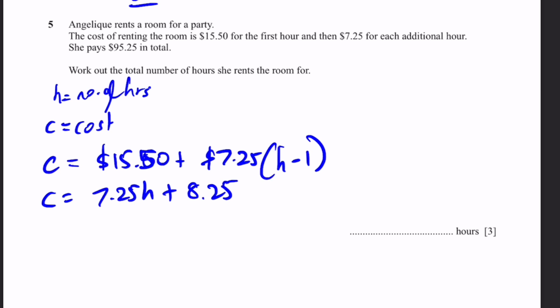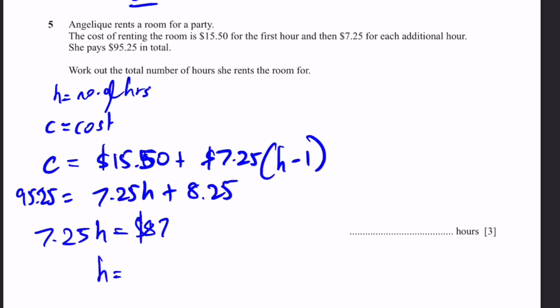And now, in this case, C will be equal to 95.25, right, in dollars. So that means 7.25H will be equal to 95.25 minus 8.25, which is $87.